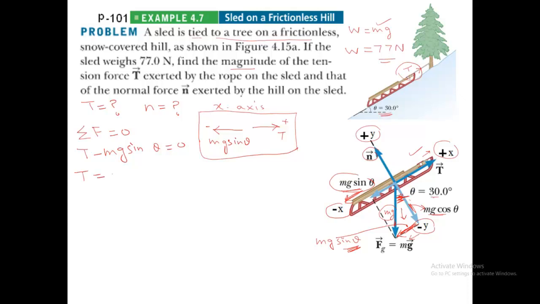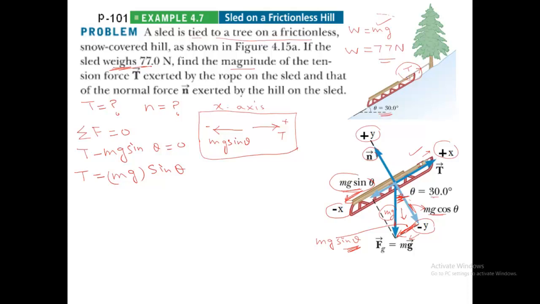T is equal to mg sine theta. Keep in mind, if mass is given in kg, you multiply with 9.8, the gravity acceleration. But here I'm putting this bracket because the weight is given directly, so no need to multiply again with 9.8.